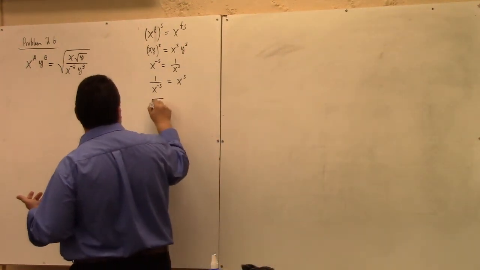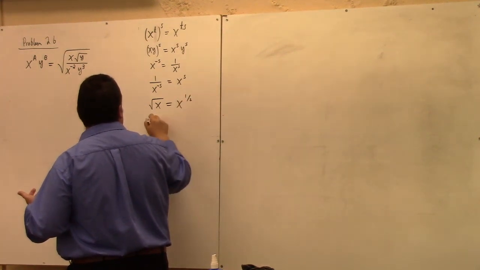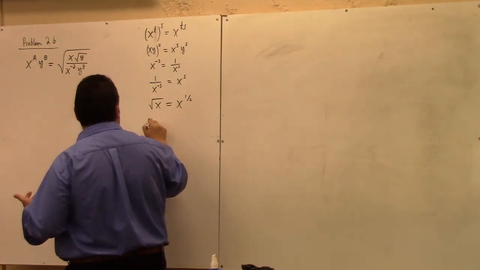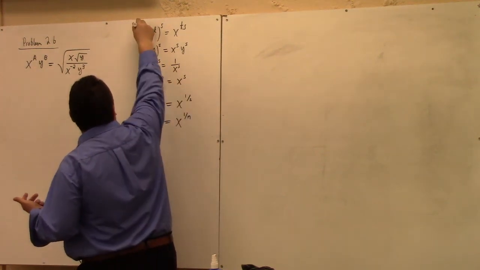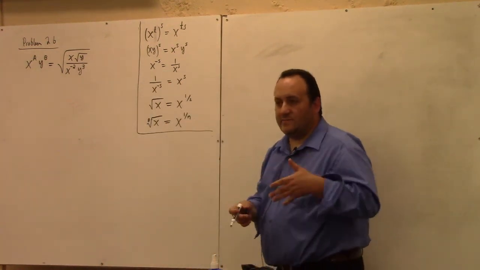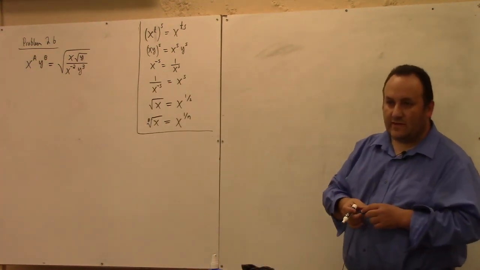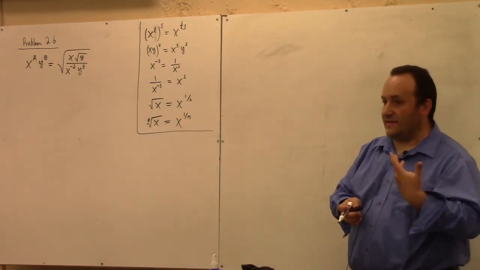Yeah, exactly. Square root of x is x to the 1/2. More generally, the nth root of x is x to the 1 over n. So we can always get rid of radicals and work with exponent notation instead, because exponent notation is usually easier to think through. Me personally, I think in exponent notation.